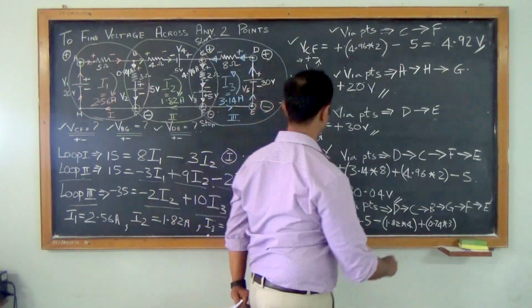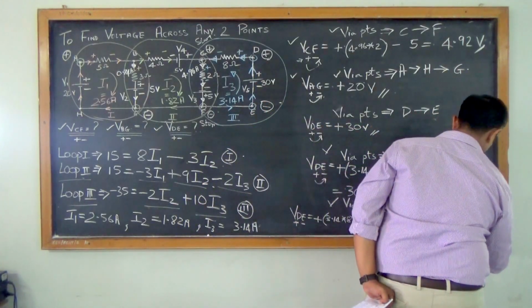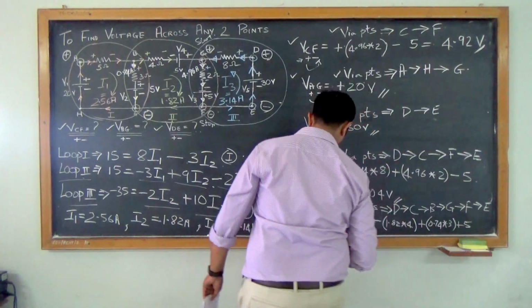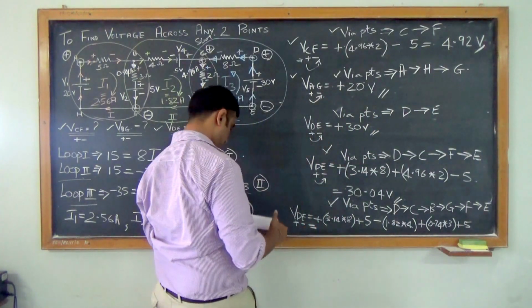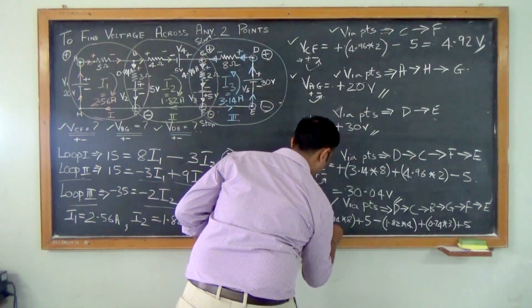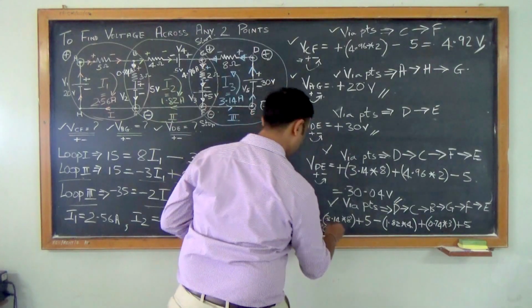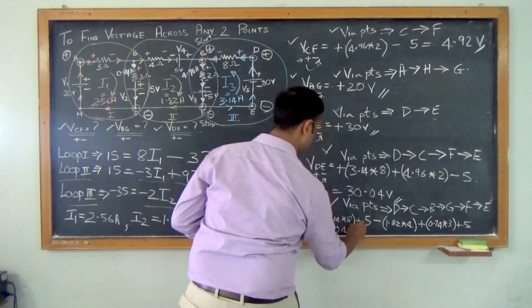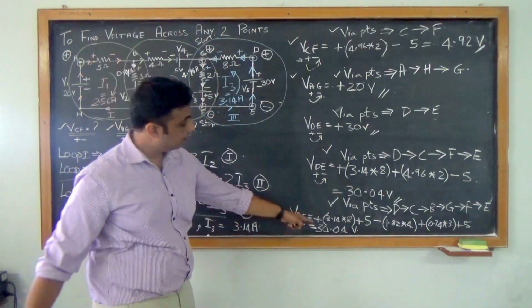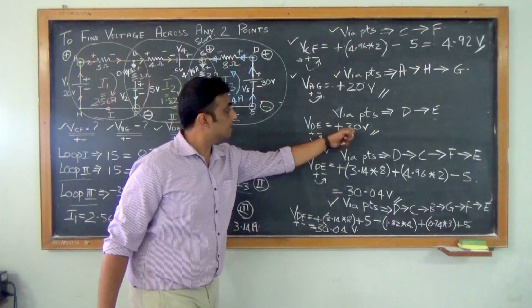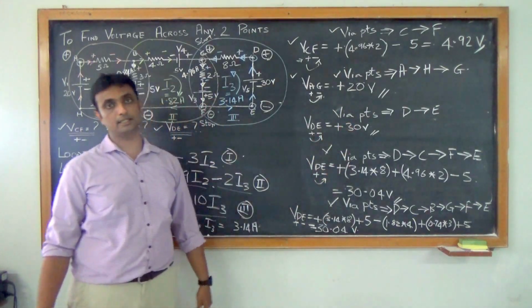So plus 5 volts. So my final value is 30.04 volts. Again, the 30.04 volts is matching with this and it is matching with this.